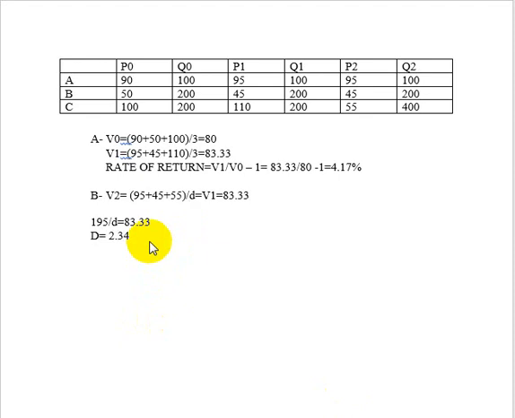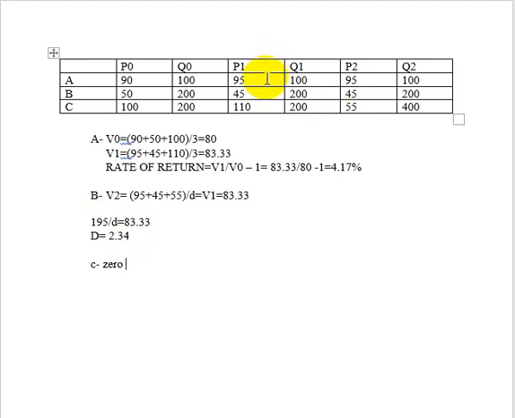Okay, finally, in part C, the question is, calculate the rate of return of the price-weighted index for the second period, i.e. from t equal to 1 to t equal to 2. Again, the rate of return will be equal to 0.